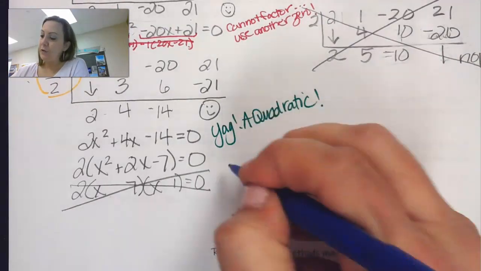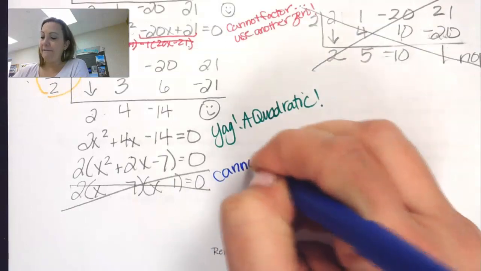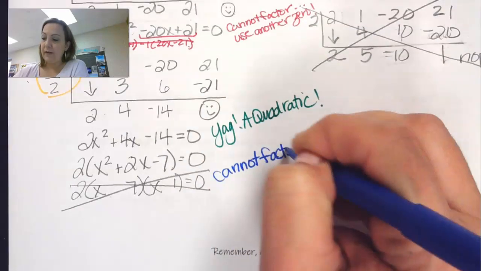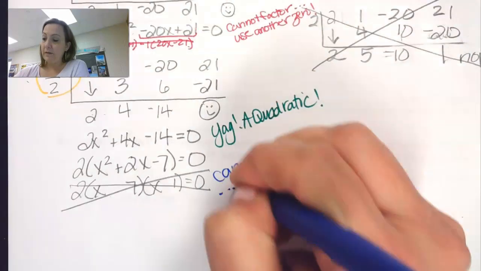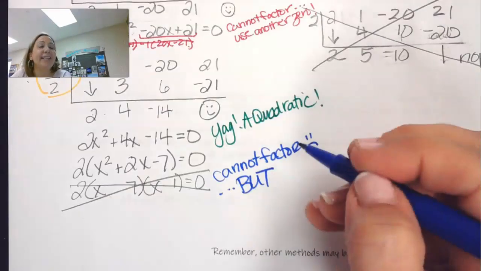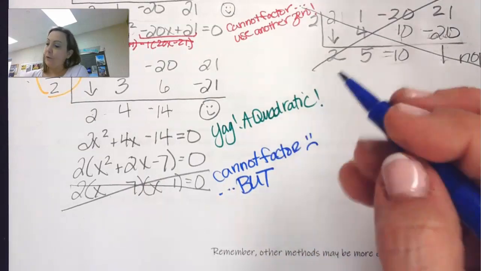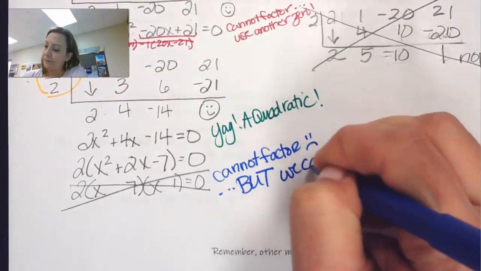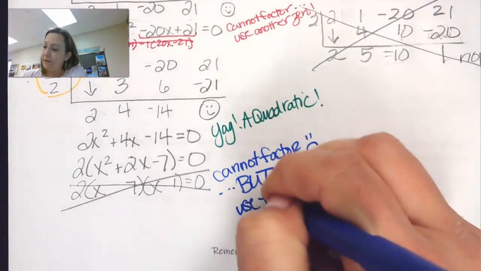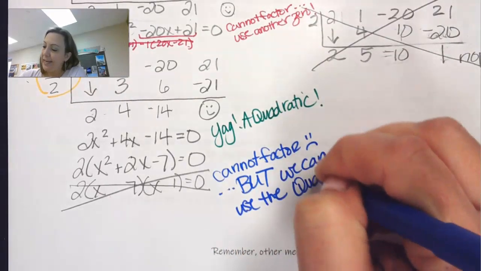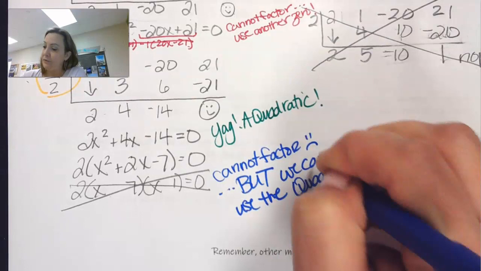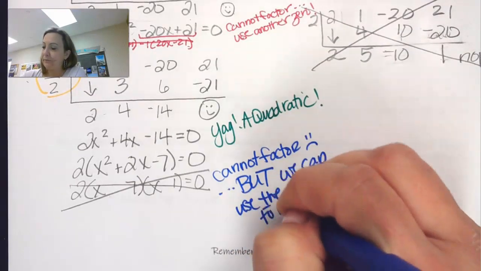Okay? So this is the thing, is that we cannot factor. But the reason that a quadratic is awesome is because we can solve any quadratic using the quadratic formula. So we can't factor, but we can use the quadratic formula.